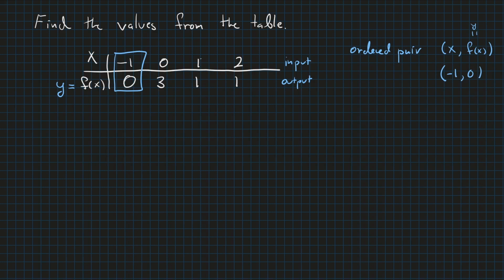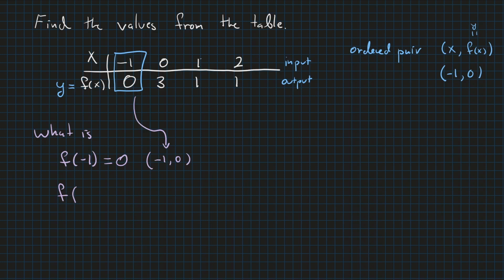So if I give you the value, what is f of -1? Thinking about this as an ordered pair, this is the point -1 comma 0, reading this off from the table here. So f of -1 is equal to 0. This is using function notation, reading it off from a table.